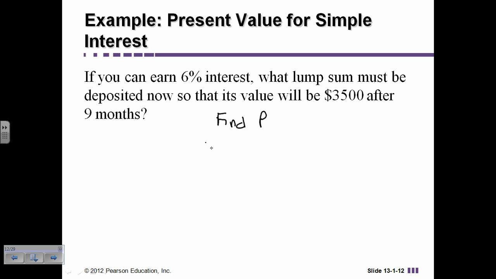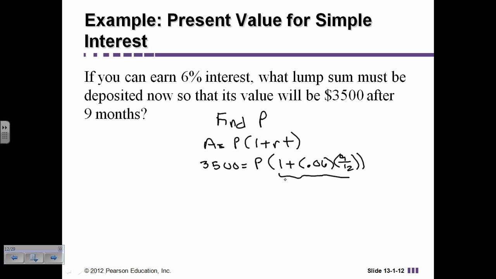Okay, so we're going to take our formula again, and since the future value is 3,500, I have to use this formula. The future value is 3,500. The principal is the number I don't know, and then 1 plus the interest, which is 0.06, times time, which is 9 over 12.